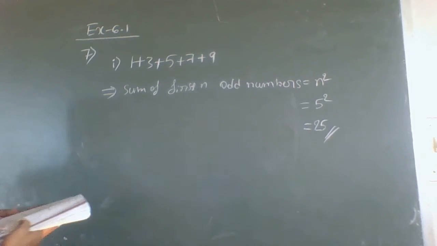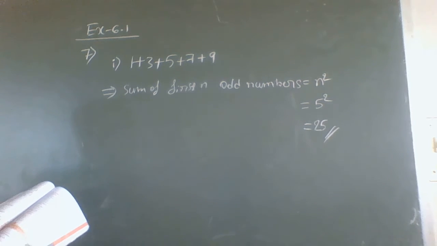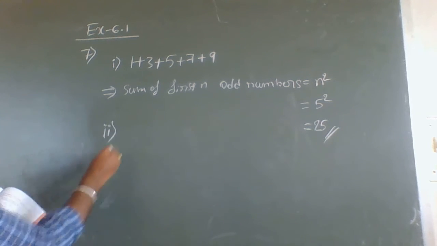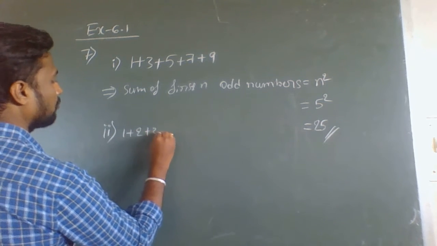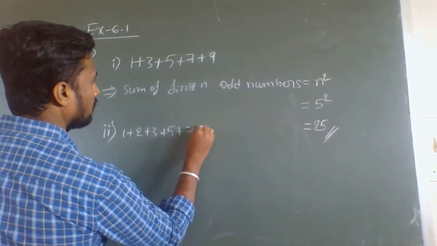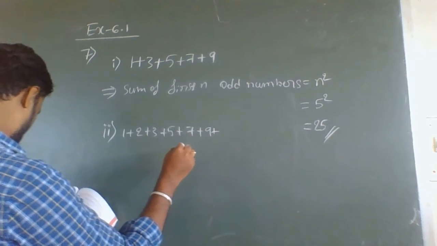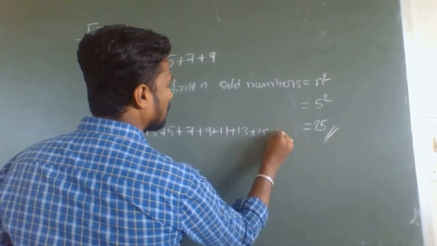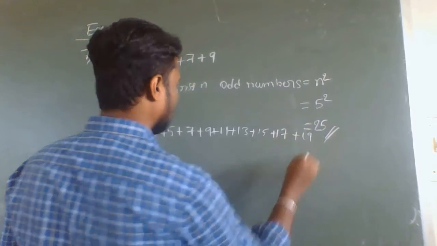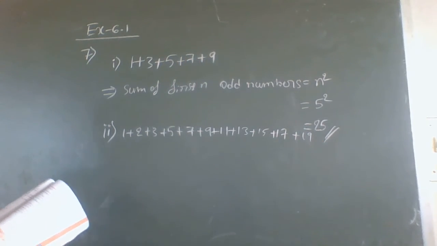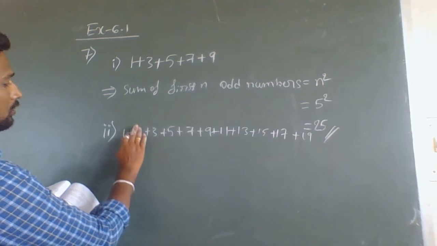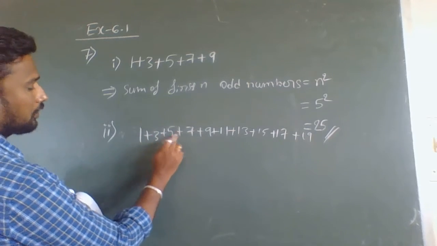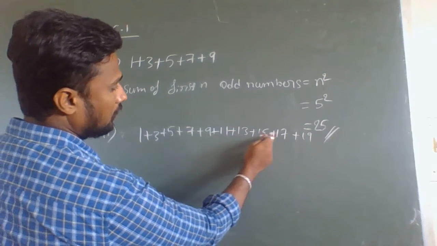Like that only you can try to solve the second one. How many numbers are given? 1 plus 3 plus 5, 7, 9, 11, 13, 15, 17, 19, up to 19 they are given. 2 is not an odd number here.